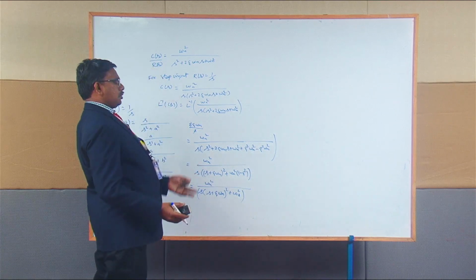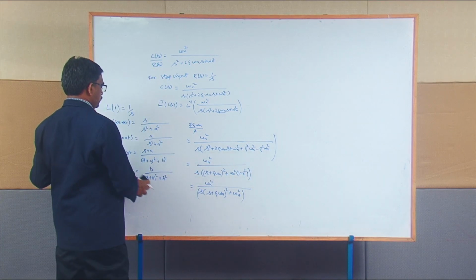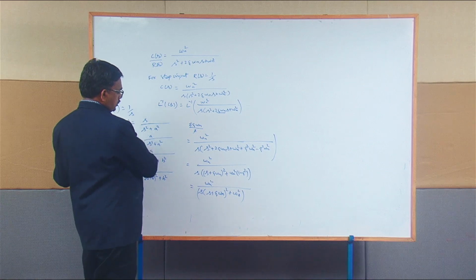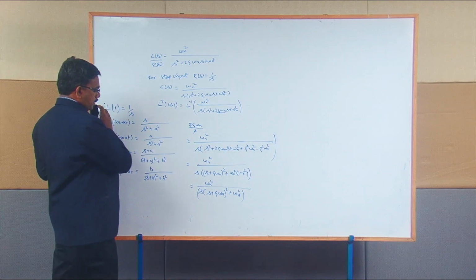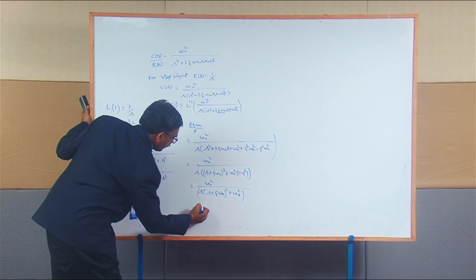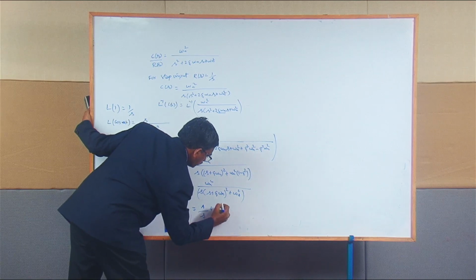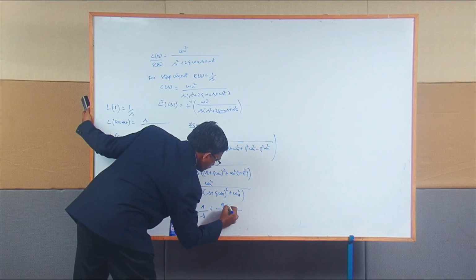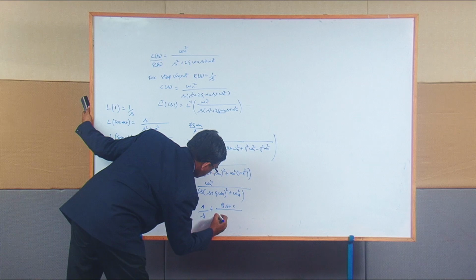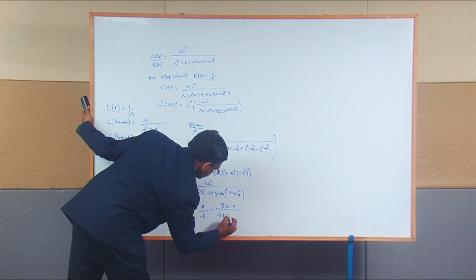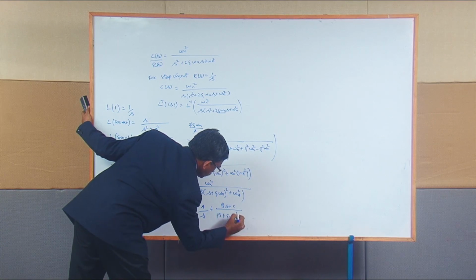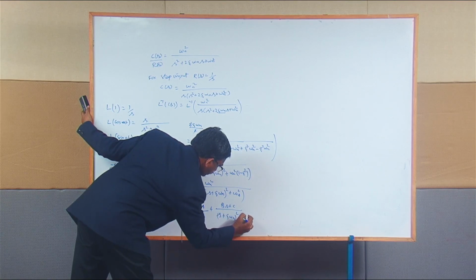Then we can split it into two factors like A by s plus (Bs plus C) divided by ((s plus zeta omega n) the whole square plus omega d square).